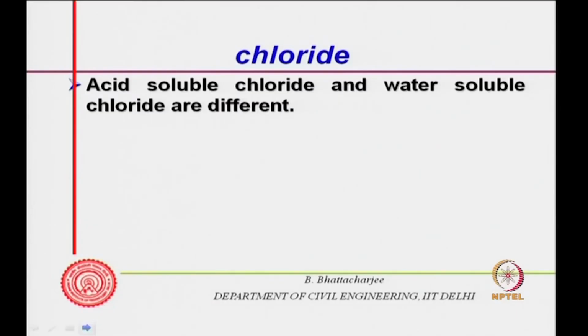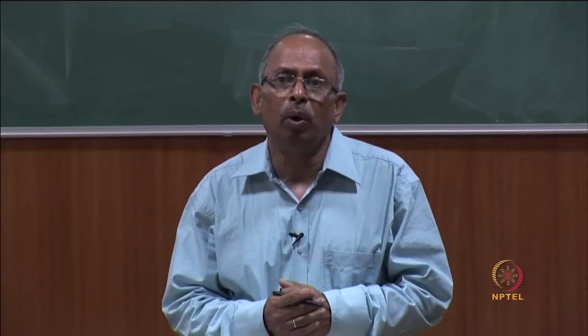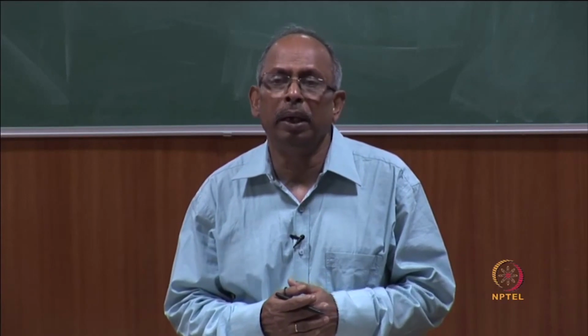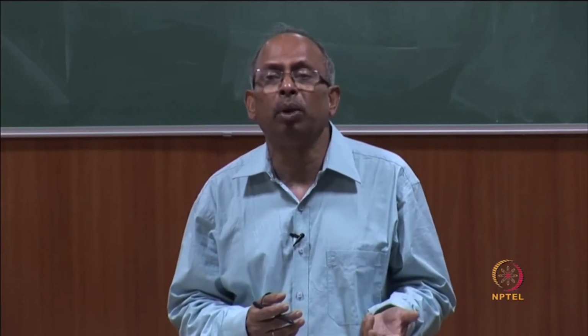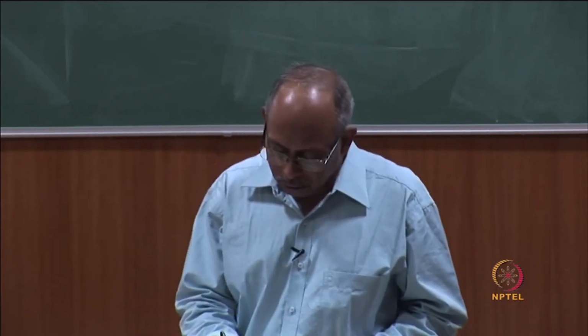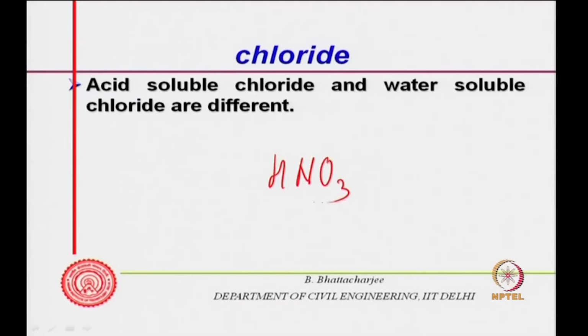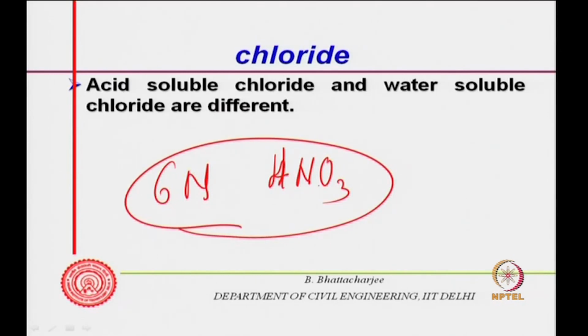When we are measuring chloride, we have two types of chloride. For example, you take some concrete, grind it to powder and dissolve it in acid, in 6 normal HNO3, concentrated nitric acid, then you get acid soluble chloride.